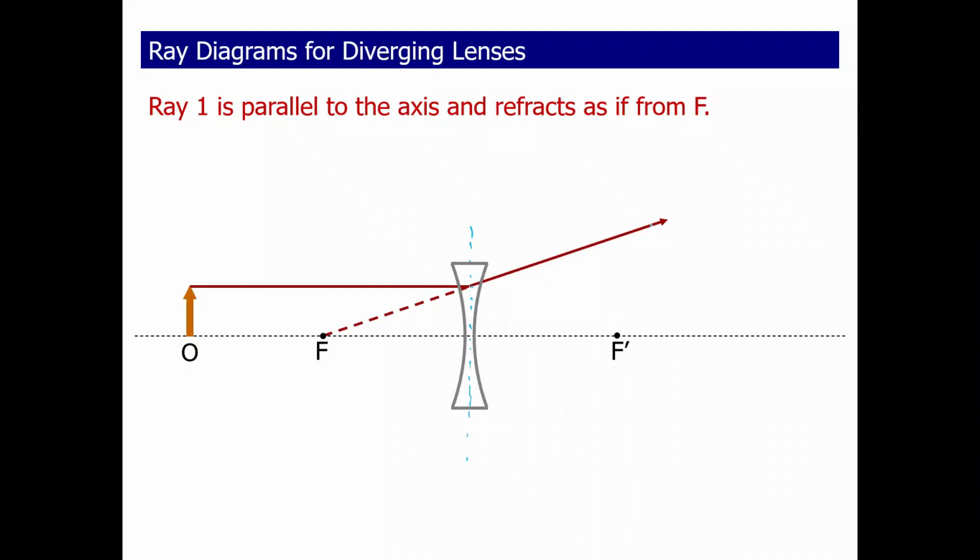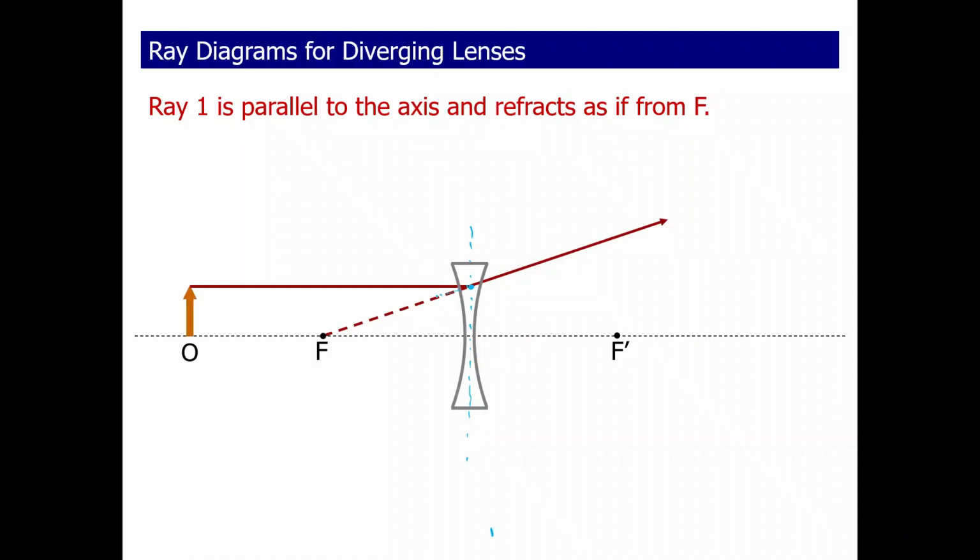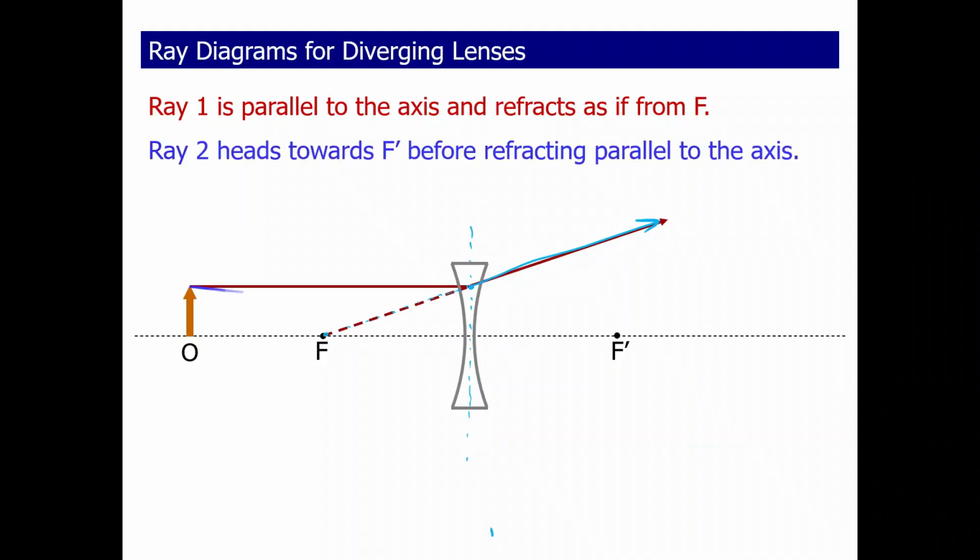I don't know exactly where to bend away. So instead what I do is I go from that point of intersection and I trace back to the center F, and I put my ruler there. And then if I put my ruler along that line, I can see that my ray has to diverge away and continue that same parallel path. So that's my first ray.